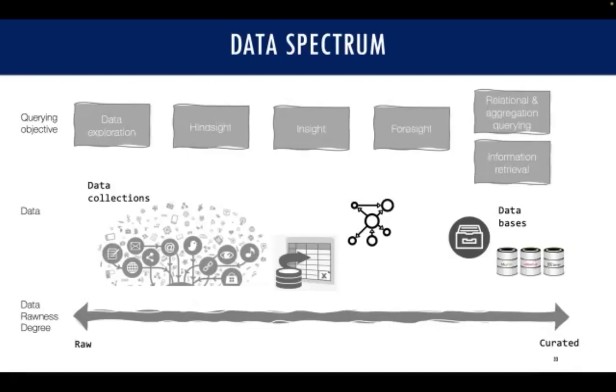So it is possible to draw a data spectrum and see which is the position of the existing solutions with respect to data processing, querying, analysis, etc. The first thing to consider is that data are not just data. Data collections are determined by their degree of rawness, the rawness of the data.